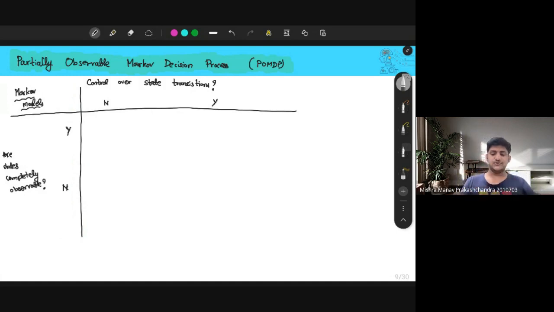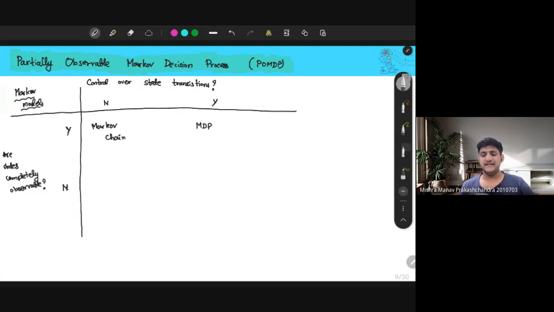If the state is completely observable but you don't have control over the state transition, it's simply a Markov chain. But if you have control over the transition, it's called an MDP, a Markov decision process.